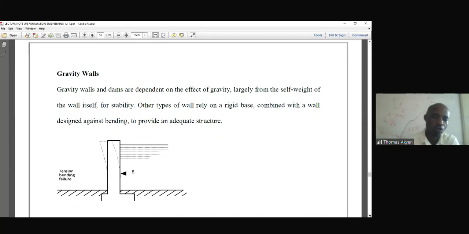So the gravity wall, as you can see from the picture here, shows the tension bending failure zone. The force is being applied here and it's tearing this thing apart.